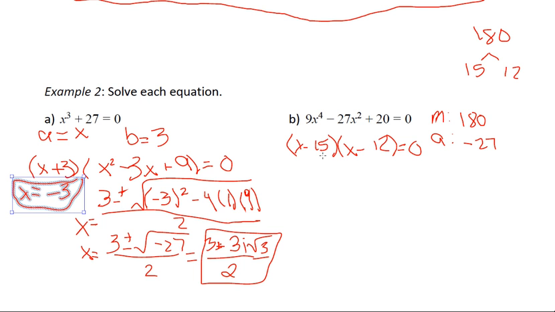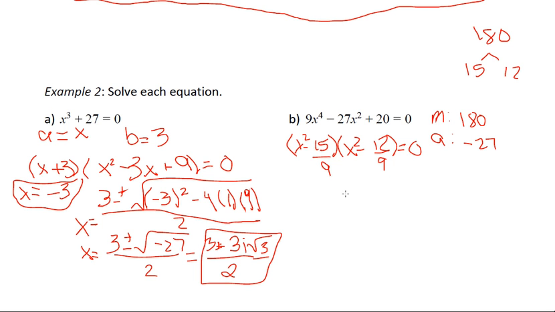But then, oh wait a minute, excuse me. We're going to make this x squared and x squared. And then to consider this original a here, we're going to divide by 9 and do simplifying if we can.